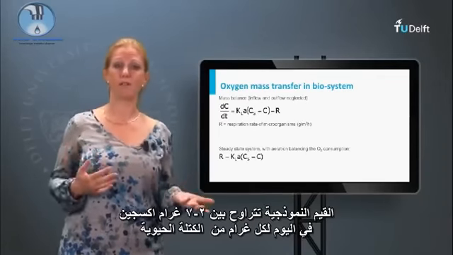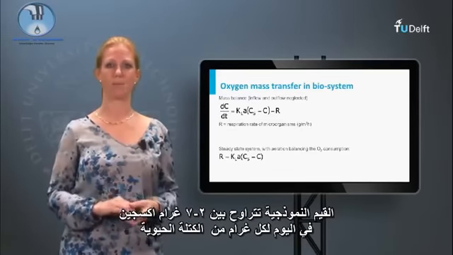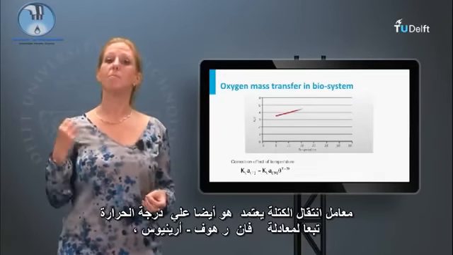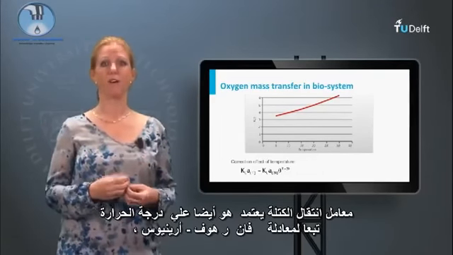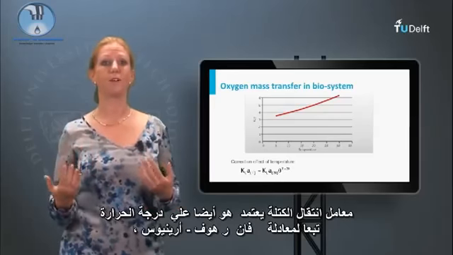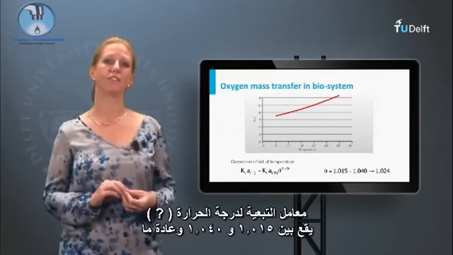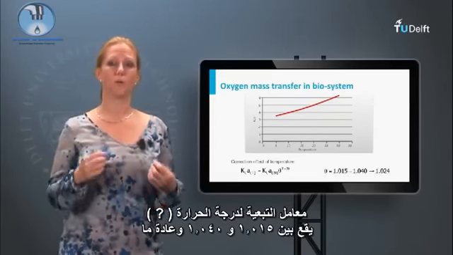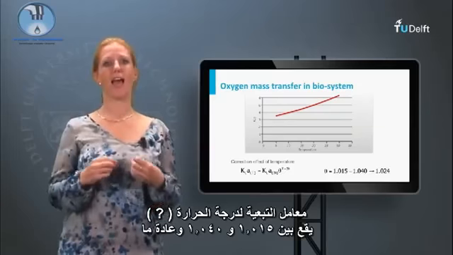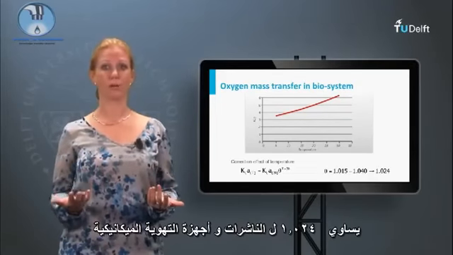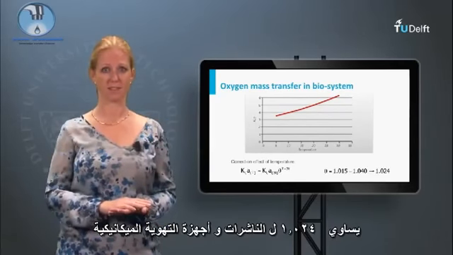Typical values vary from 2 to 7 gram oxygen per day per gram of biomass. The mass transfer coefficient is also temperature dependent, following the Van 't Hoff-Arrhenius equation. The temperature dependency coefficient lays between 1.015 and 1.040 and is typically 1.024 for diffusers and mechanical aerators.